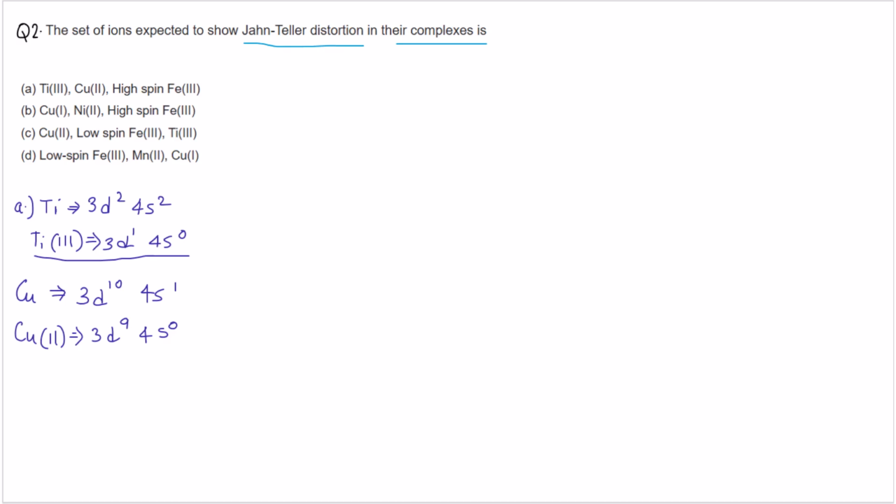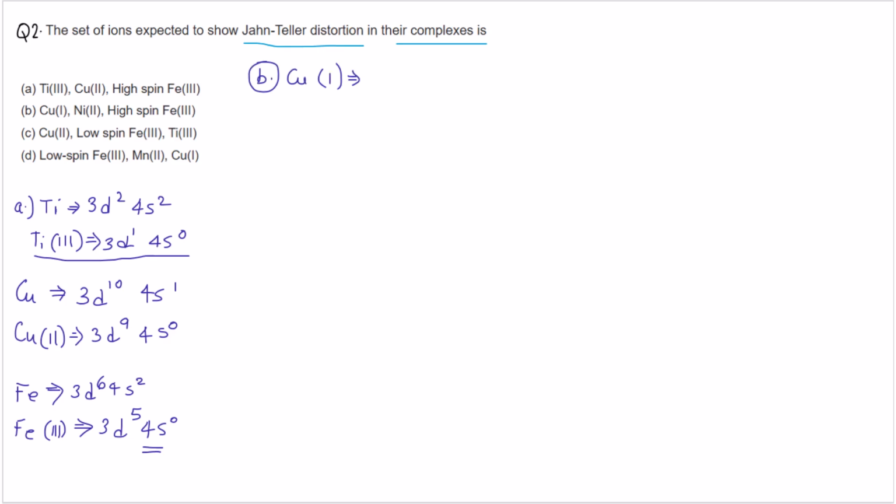Now in the same set we have high spin Fe3. Fe in the ground state has 3d6, 4s2 valence electronic configuration. Fe in the plus 3 oxidation state will have 3d5. I am indicating the s orbitals as 0 so that there is no confusion. Then in the second set we have copper 1.